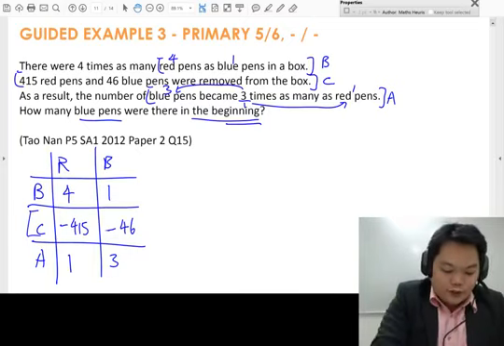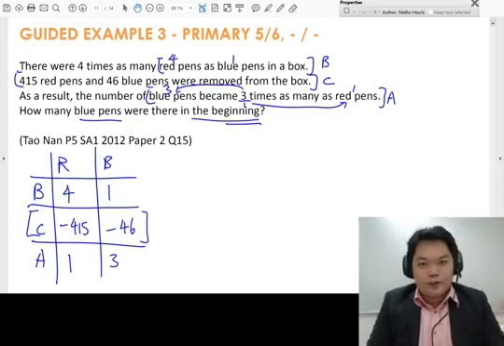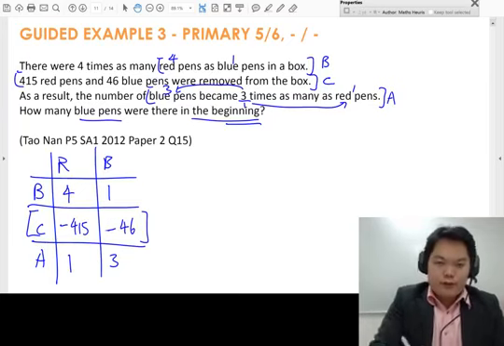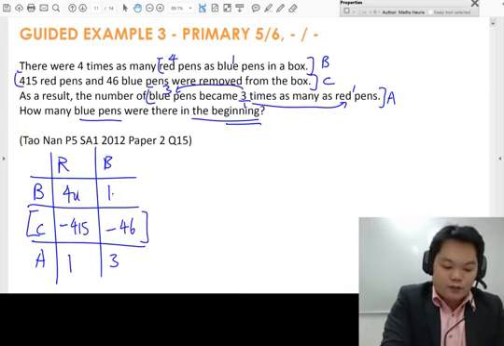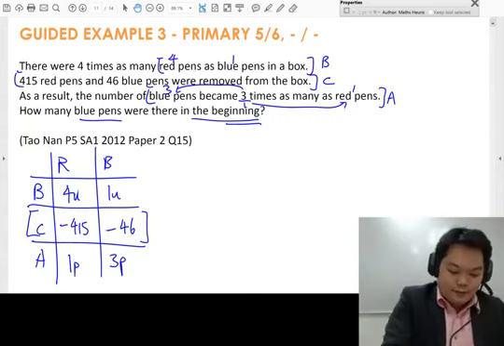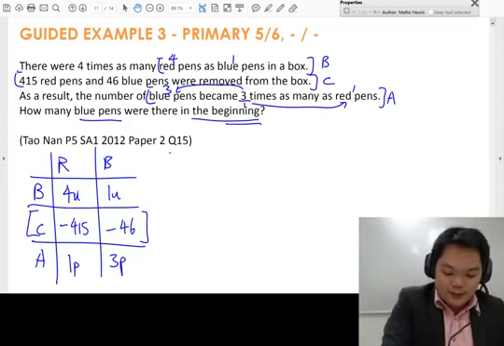Now we look at the change row. We observe that there are different numbers in the change row, which means all the quantities will have changed. Therefore, we need to use units for this before. We need to use parts for the after to distinguish that they are 2 separate proportions. Then once we got that, we write out the 2 statements first. 4u minus 415 is equal to 1 part.